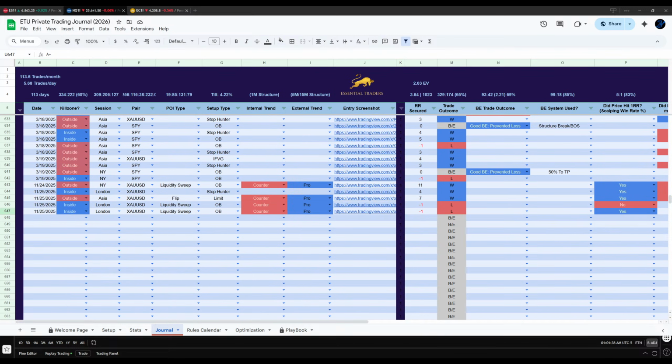Okay. Let's move on to the next trades in the journal. Next one was taken on the 25th as well here. Okay. Play out price pretty quick here, deceiving. Jump to the trade.